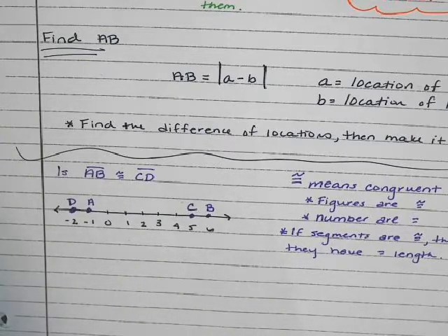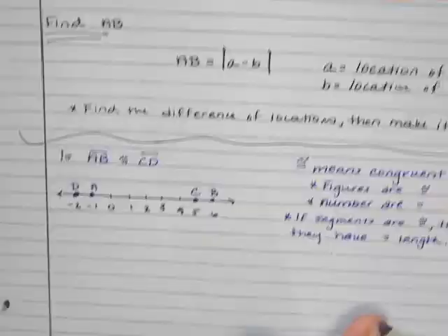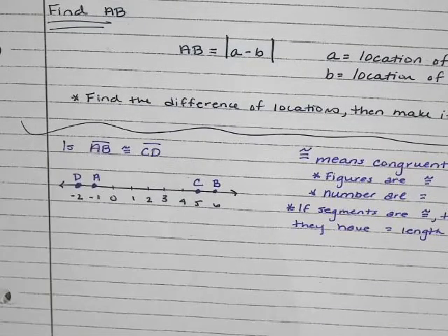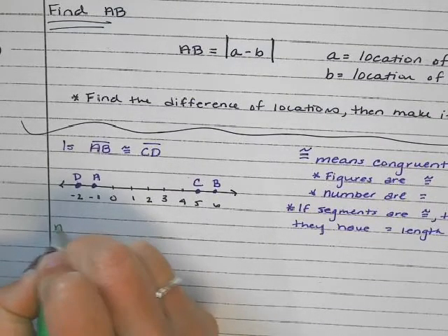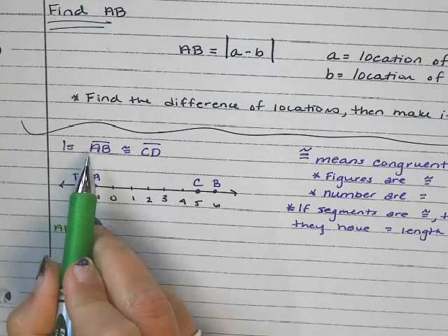I'll write in a different color for how we go about solving this. So I'll use green. If I was given this problem, I need to figure out what AB is, the length of segment AB.